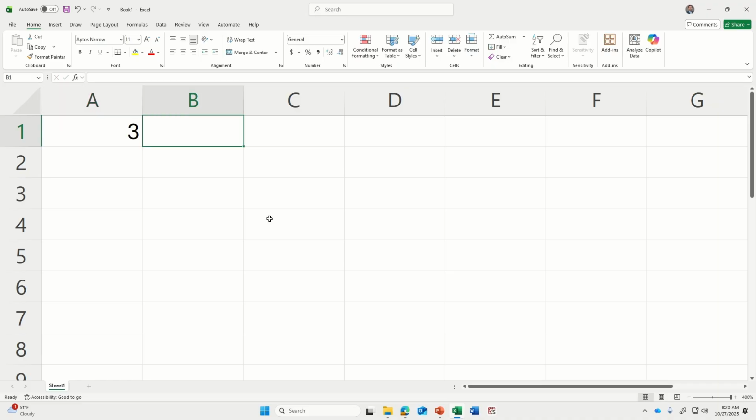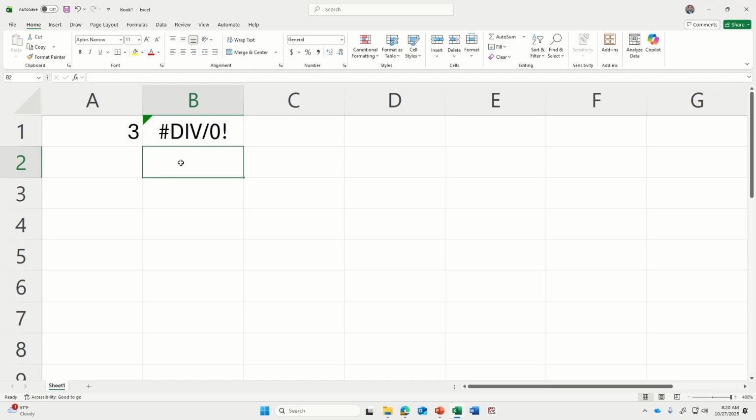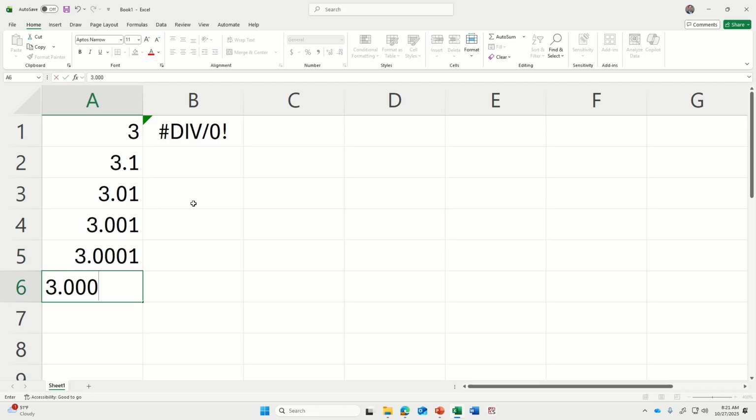Like, here's the number 3, and if I try to take my function, which is x squared minus 9 divided by x squared minus 2x minus 3, I can't, right? That was undefined because I was dividing by 0. And then I could start from the right side and take as many of these as I want.